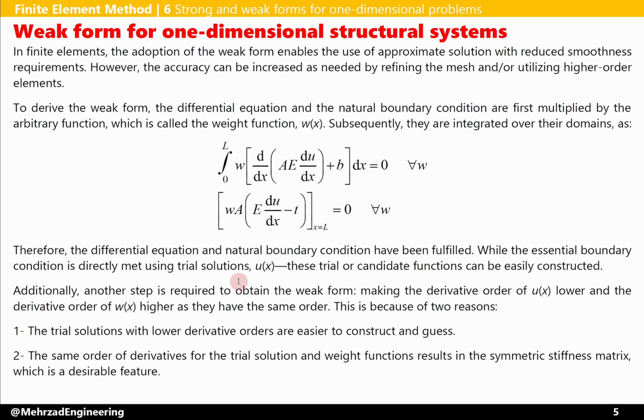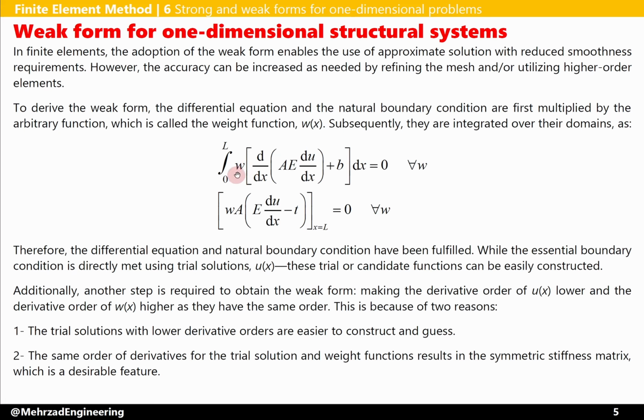In the next step, I want to decrease the derivative order of u and increase the derivative order of w, because if we refer to this equation, we could see that the derivative of u has an order of 2, because 2 times we take a derivative of u, 1 time here and 1 time here.